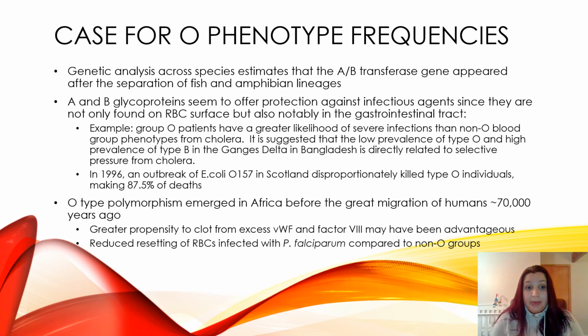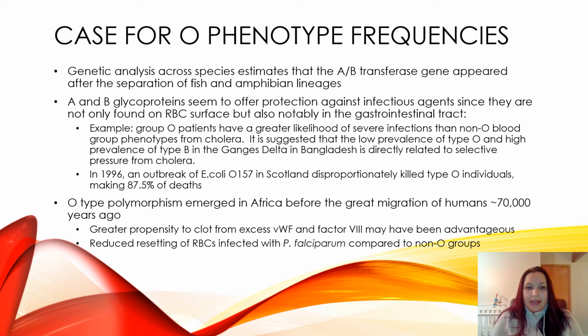Another example is from 1996 in Scotland. There was an outbreak of E. coli O157, and this disproportionately killed individuals of type O, making up 87.5% of the deaths. So there seems to be some advantage to not being type O.